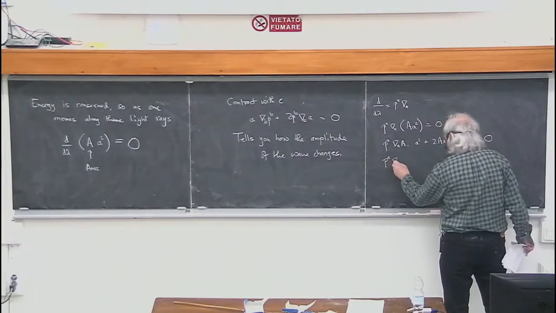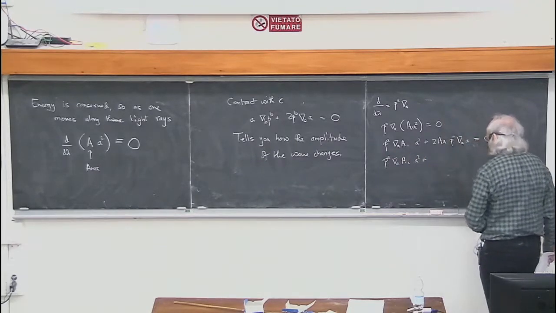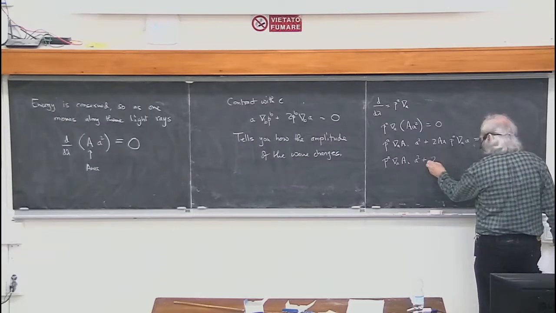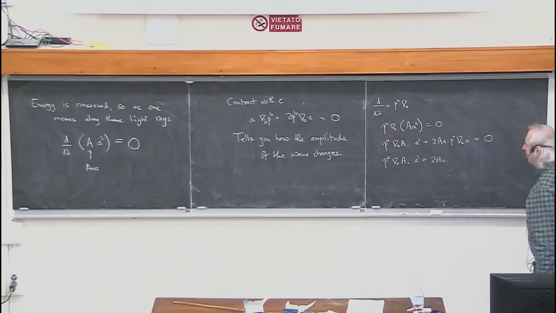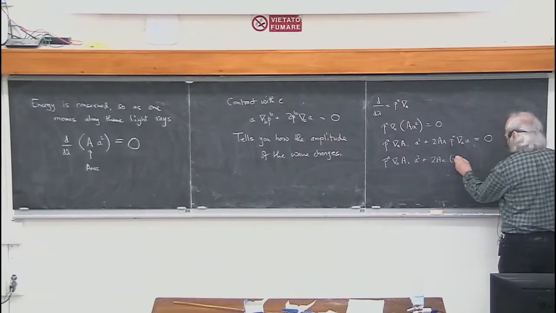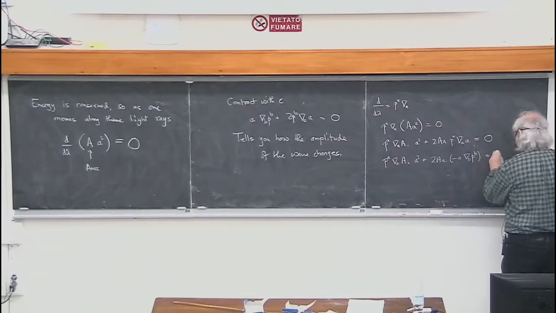P^A del_A of A times a squared plus 2A times a squared del_B P^B equals 0.